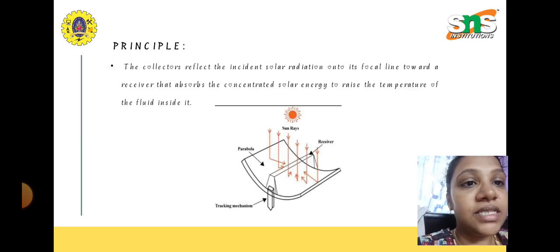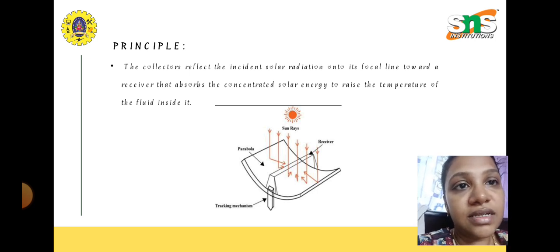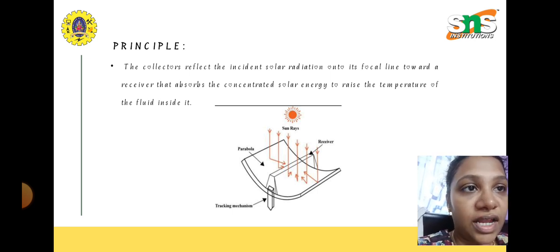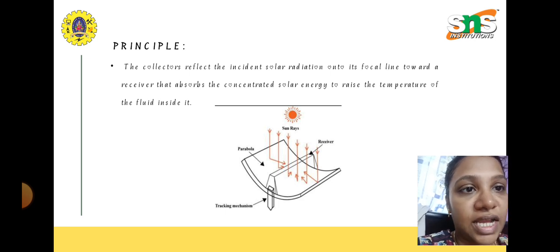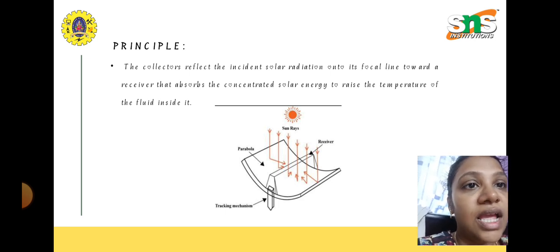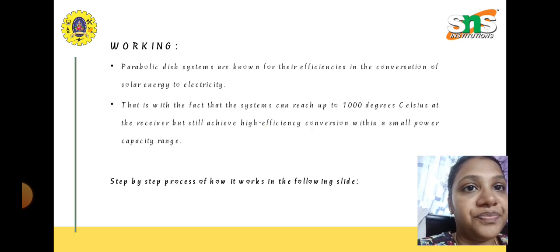In this picture you can see how the mechanism works. The main principle behind this is that the collectors reflect the incident solar radiation into the focal line toward a receiver that absorbs the concentrated solar energy to raise the temperature of the fluid inside it. This is the principle behind how a solar concentrator works.